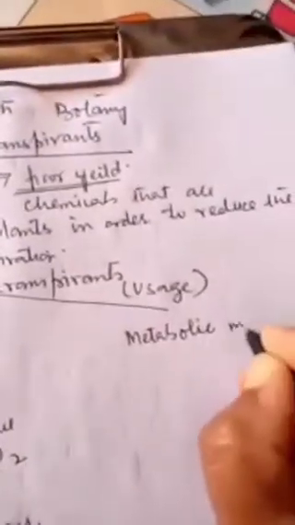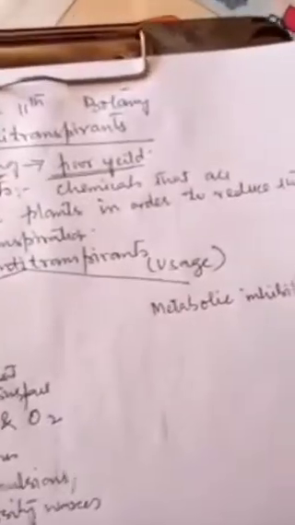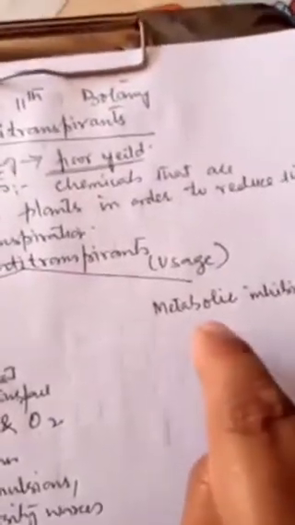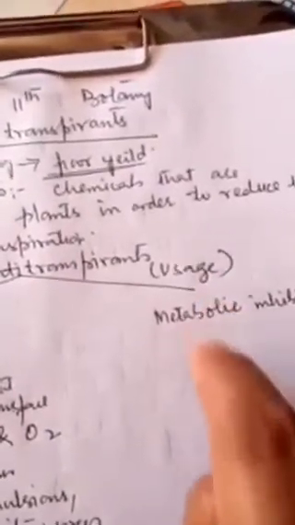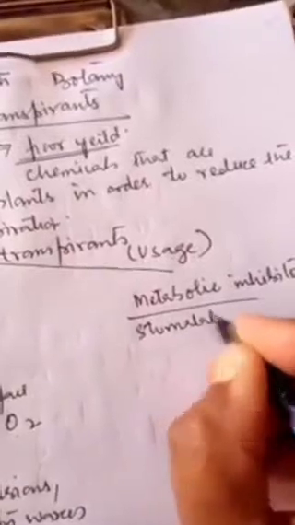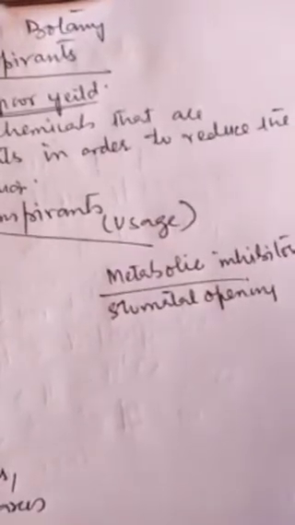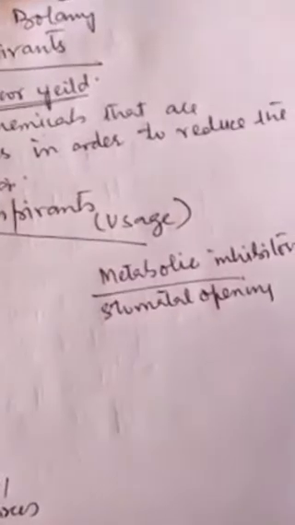The second type is called metabolic inhibitors. What are these? They simply inhibit the stomatal opening. They do not allow the stomata to open. When the stomata are closed, the rate of transpiration will automatically be less.